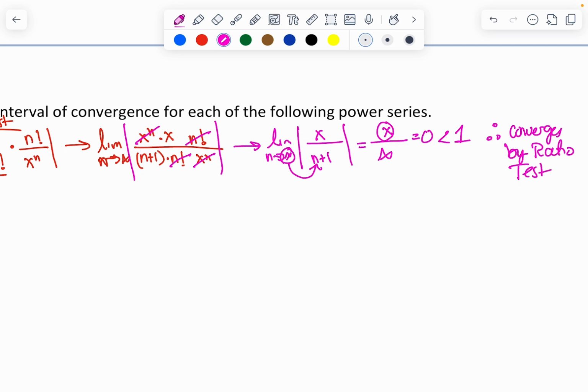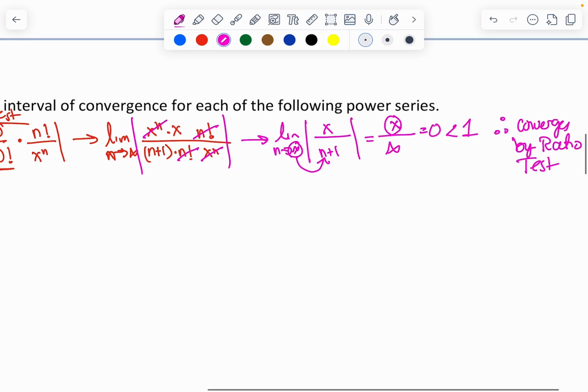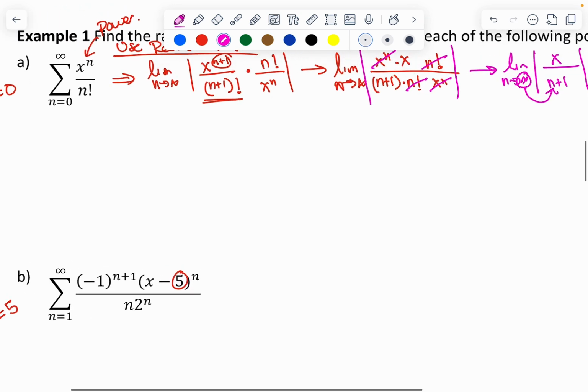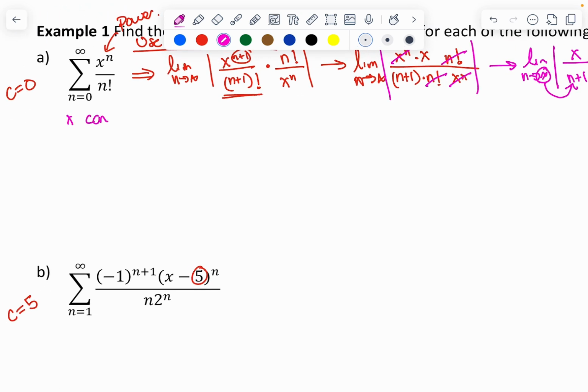So now the question is what is the interval of convergence and the radius of convergence? Well, x can only be a number. And when x can only be a number, you know that you are plugging a number into this limit every single time.